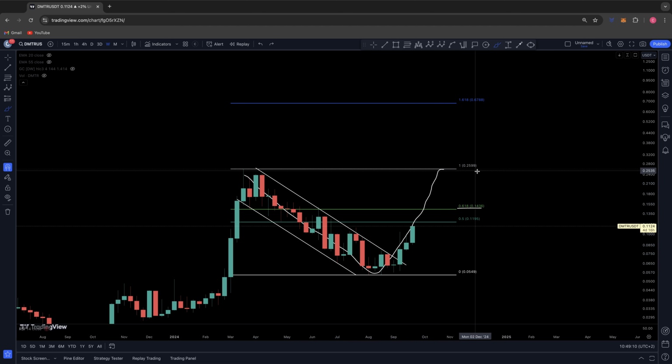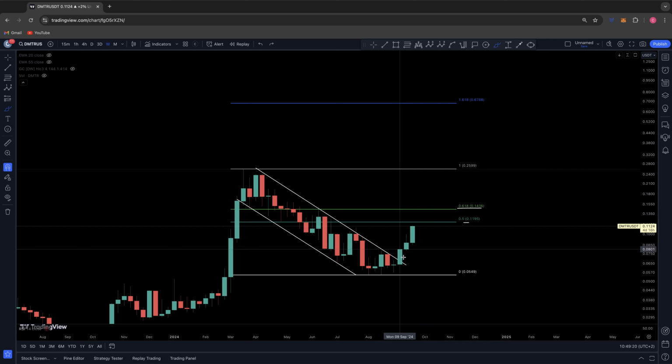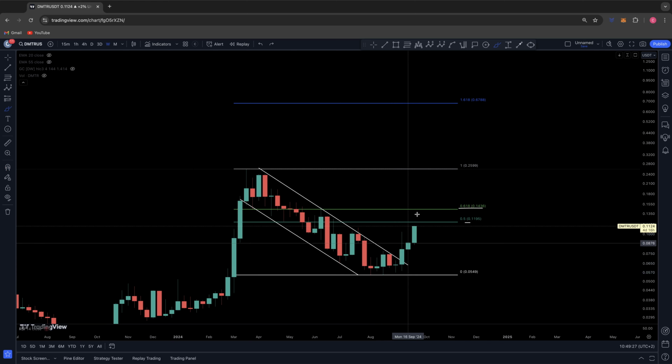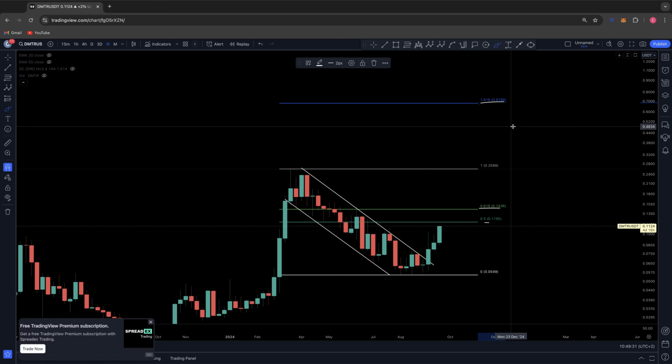It could happen, but what I'm saying is we do have resistance above at 12 to 14, and if we do pull back from there, don't shy away from a potential entry point on a higher low looking for continuation, because this breakout on the weekly time frame for the last 2-3 weeks where we've been rallying is a convincing sign that we are looking to continue the trend here towards higher targets for DMTR.